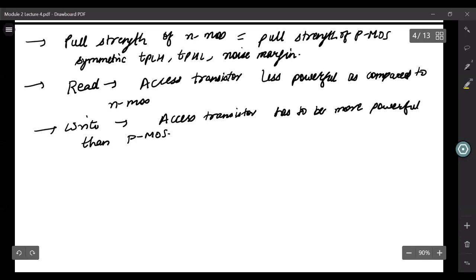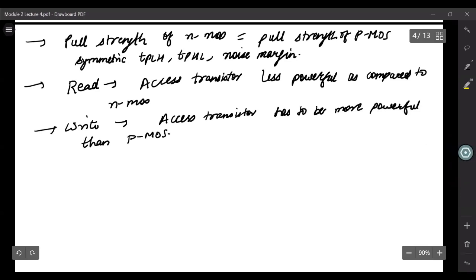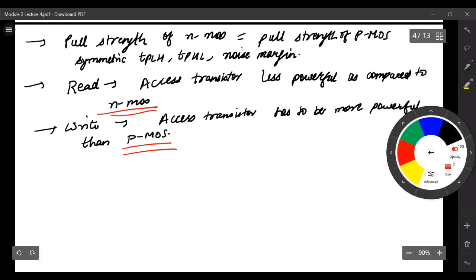Usually, the strength of your NMOS and PMOS in any inverter is kept the same. For read, you want your access transistors to be less powerful. For write, you want your access transistor to be more powerful. So it's a conflicting constraint. This is known as the read-write conflict.